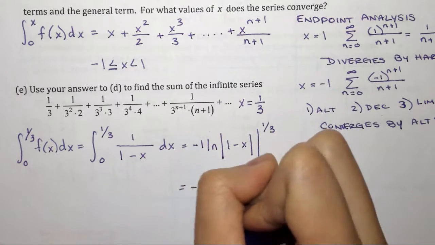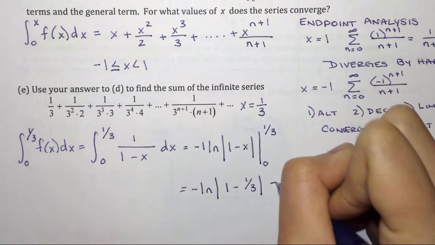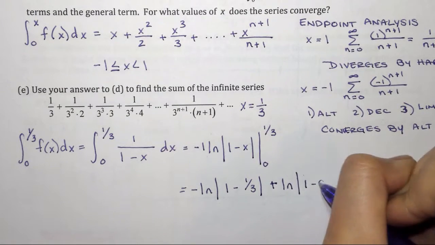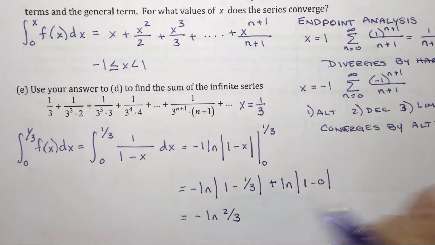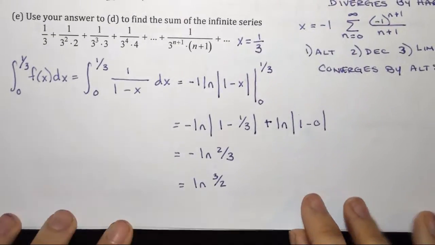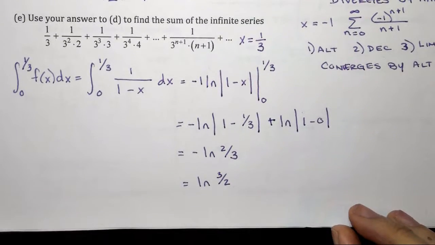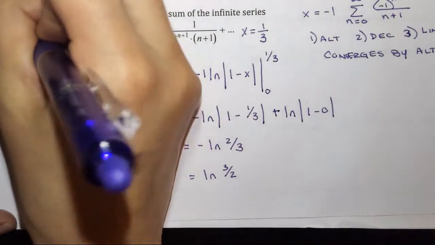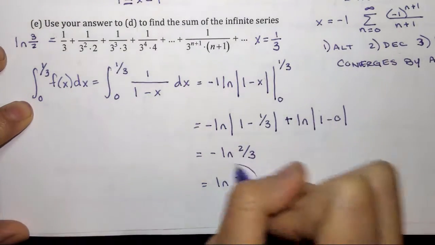You plug in 1/3, and you plug in 0, and you get negative natural log of 2/3. Or if you want to, you can do natural log of 3/2 too. Sorry. If you like to get rid of the negative. Okay, so the sum of this infinite series is actually equal to, I did it on the other side, natural log of 3/2. Okay.